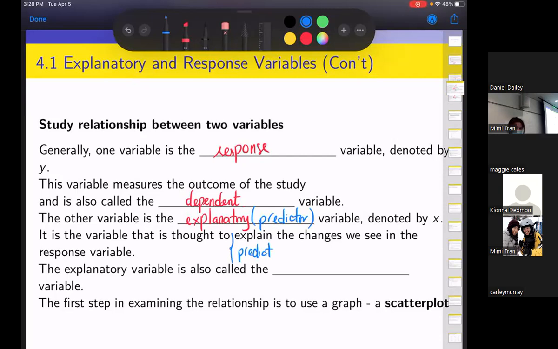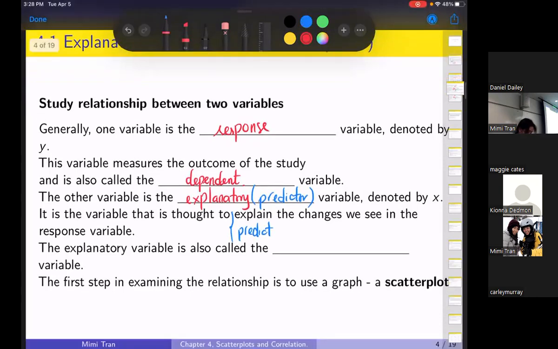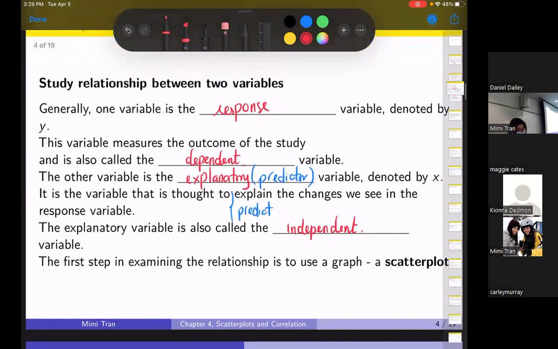The explanatory variable is also called the independent variable. Think of X and Y in math, right? F of X depends on X, right? F of X and Y is the function that depends on X. Same thing here, Y depends on X. Now, a lot of times I don't use dependent variable or independent variable.